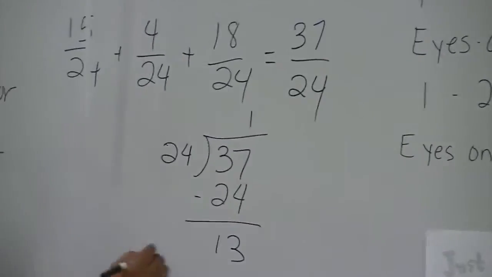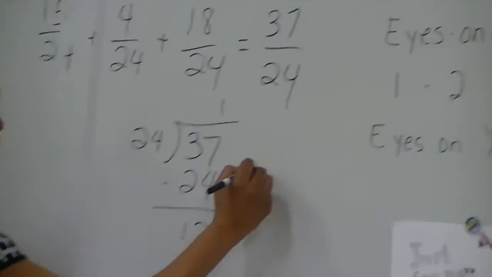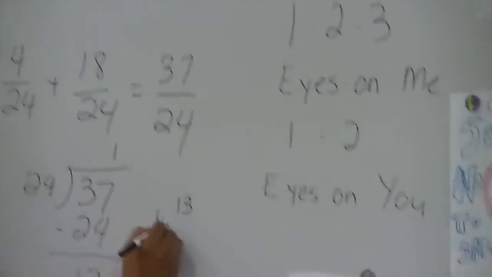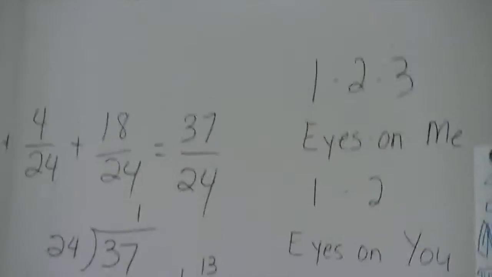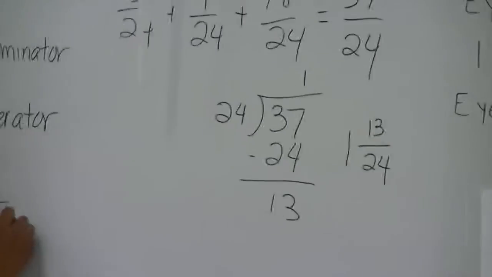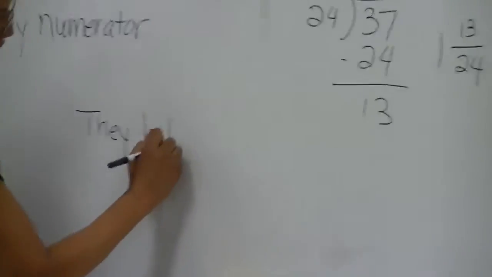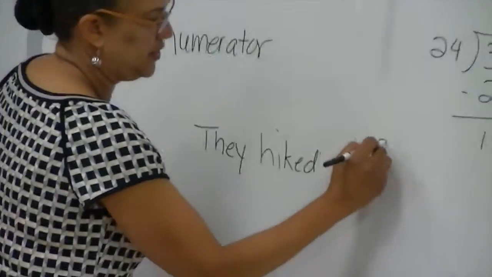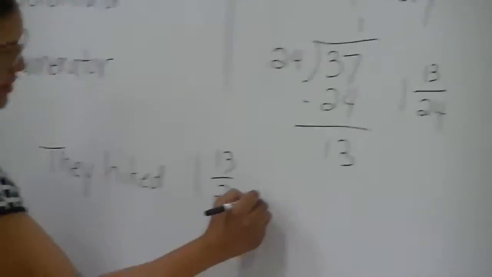So now I have an answer of 1 and 13 24ths. So I'm going to box my answer. How far did they hike? They hiked 1 mile and 13 24ths.